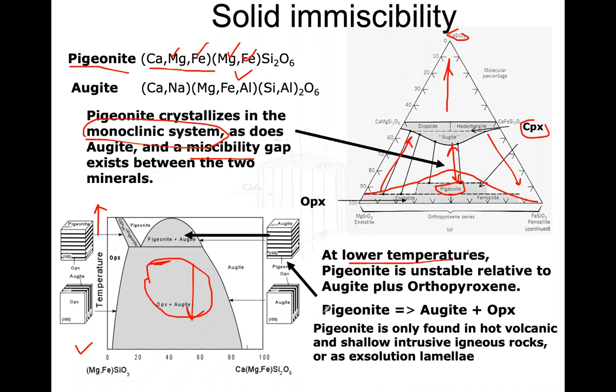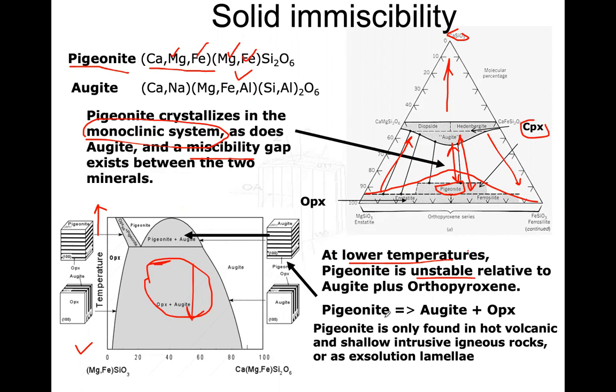So if pigeonite is present when it is subjected to lower temperature conditions, this pigeonite becomes unstable, because it is stable under higher temperature conditions. Unstable means it breaks down into other forms. The closest composition to pigeonite is augite, so it can convert into augite under low temperature conditions.